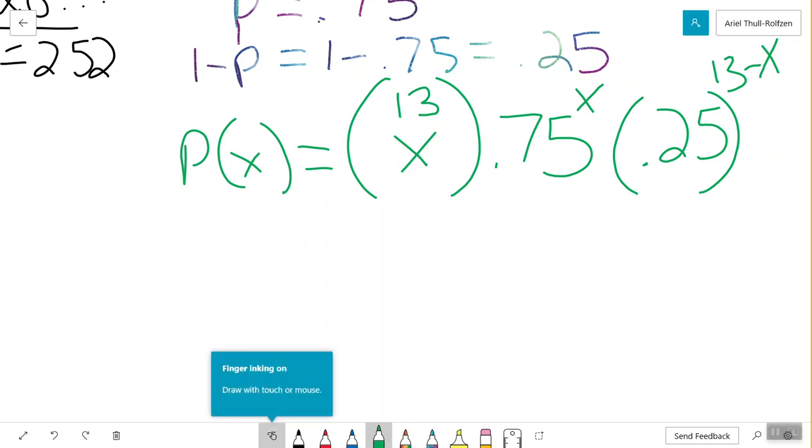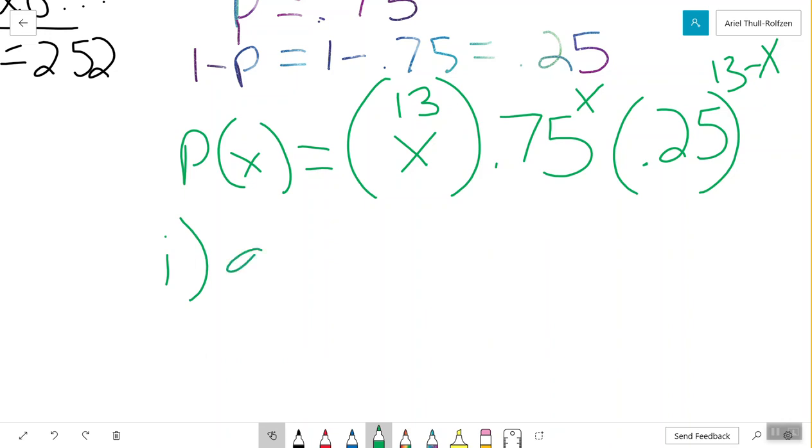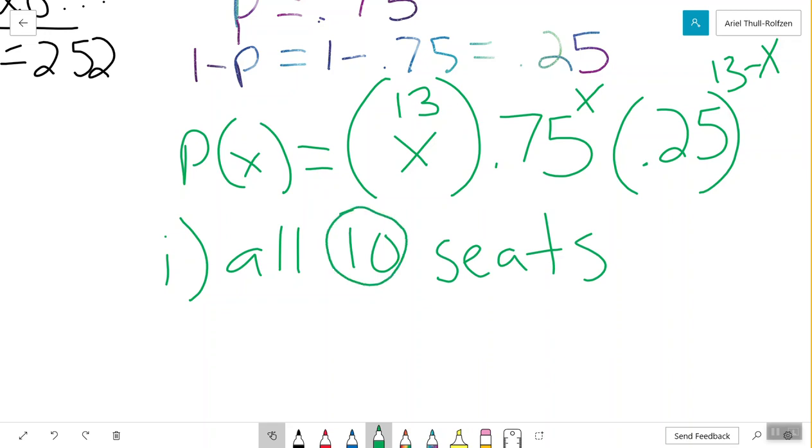So now let's read the problem, I. And I is asking us what the probability is that all 10 seats will be occupied. All 10 seats. And this one is fairly easy. They're giving us 10. And so all they're concerned about is that the 10 seats are filled. And this 10 is going to be our x.